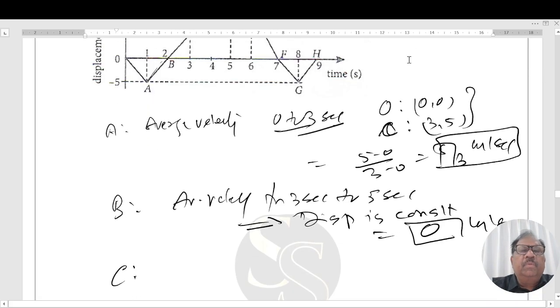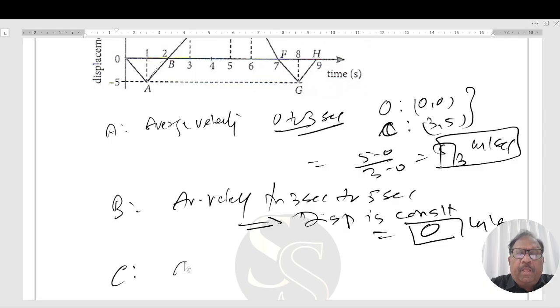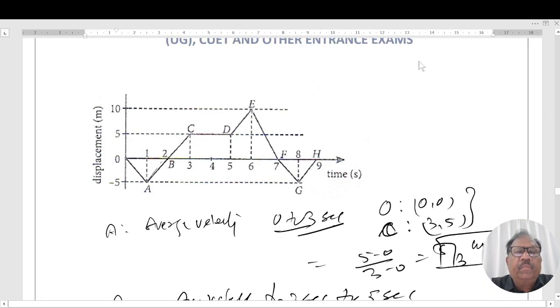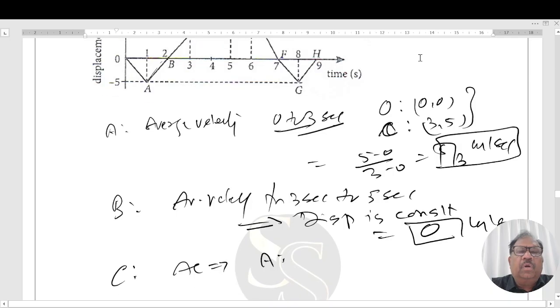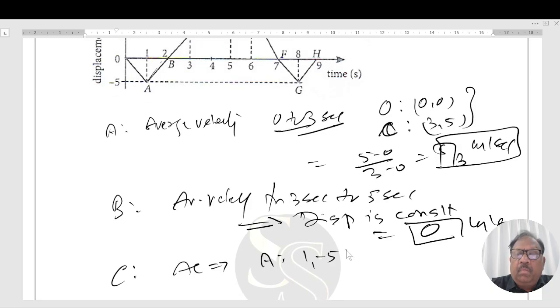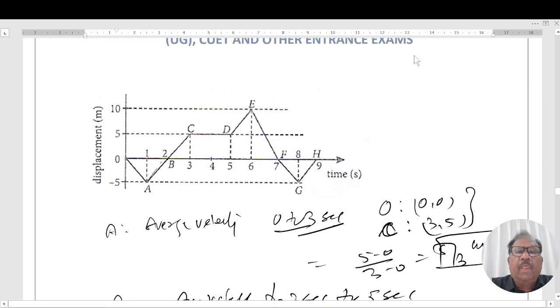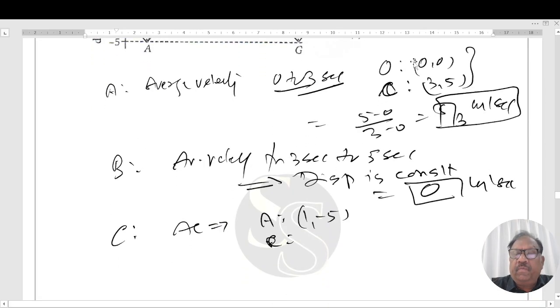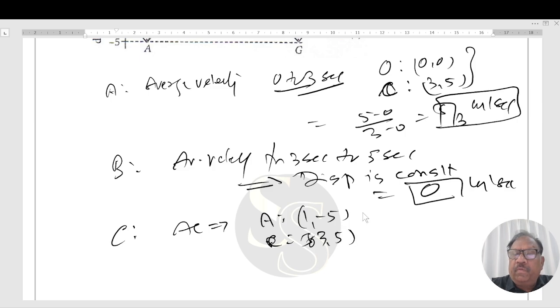At 2 seconds, the line passing through A and C is taken. The coordinates of point A are 1, minus 5, and the coordinates of point C are 3 and 5.